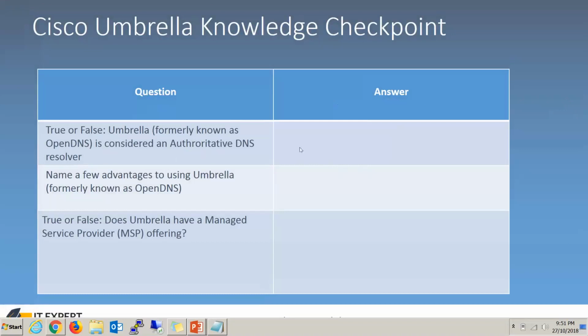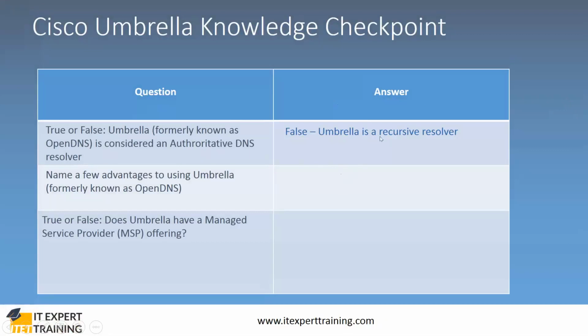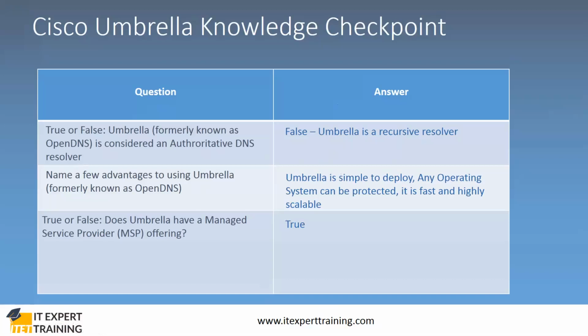You can say it is false, because it is a recursive resolver, not an authoritative DNS resolver. And this is very easy to deploy, highly scalable, and yes, there is an MSP, managed service provider, offering for Umbrella.